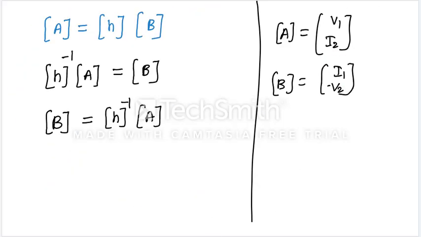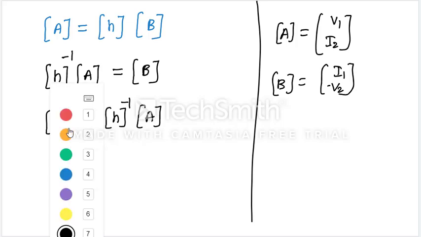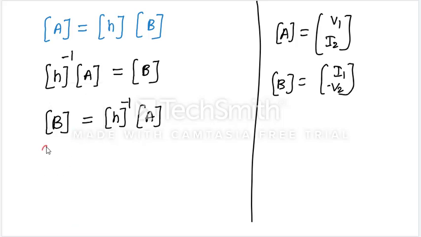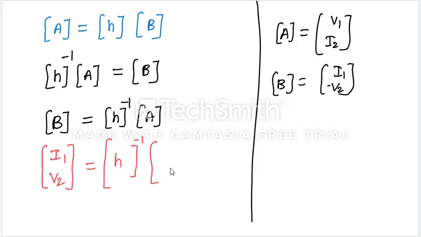Now see this. If I replace them, the B matrix, I1 V2, is equal to H inverse into the A matrix, V1 I2.